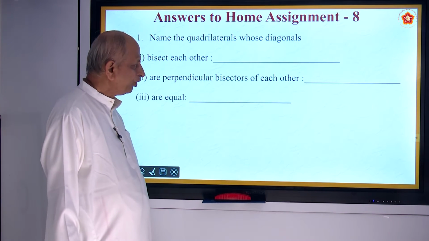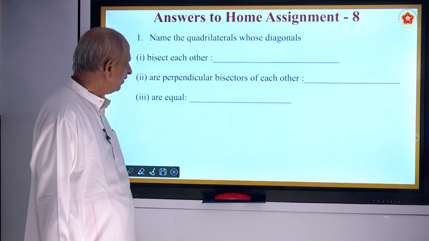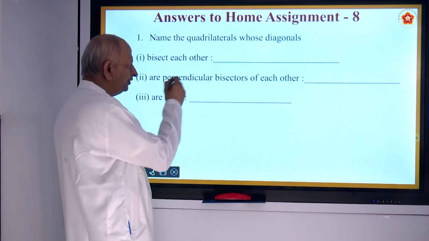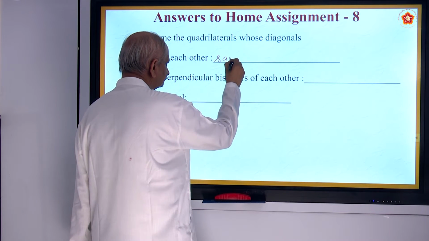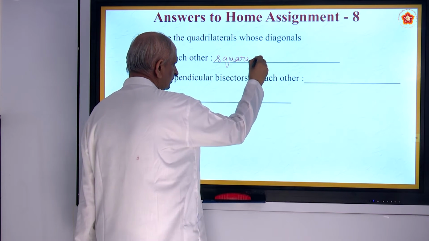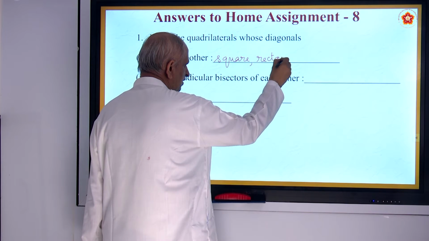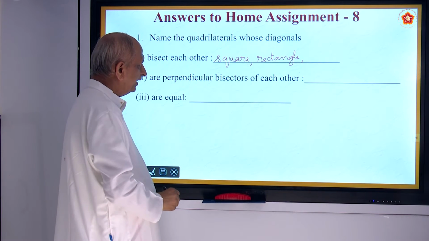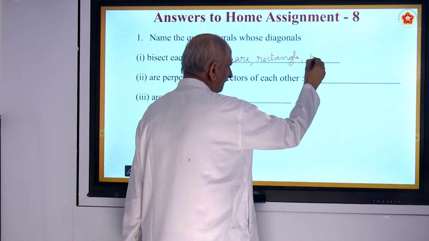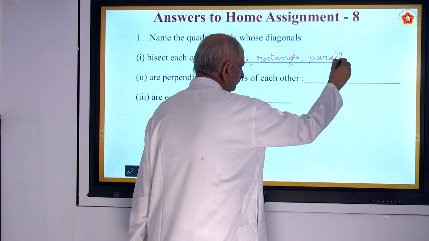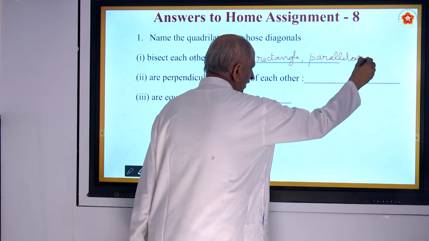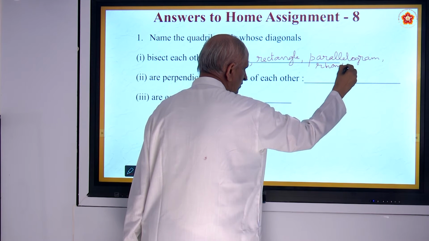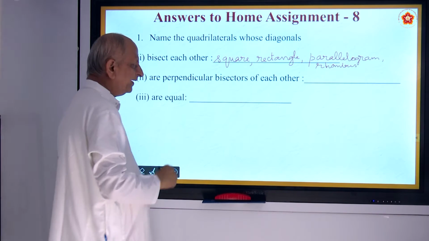now we will see home assignments. Name the quadrilateral whose diagonals bisect each other. In a square also they bisect, is it not? One more is rectangle. Any one you can write. And one more is parallelogram. And also you have rhombus. All these bisect each other.